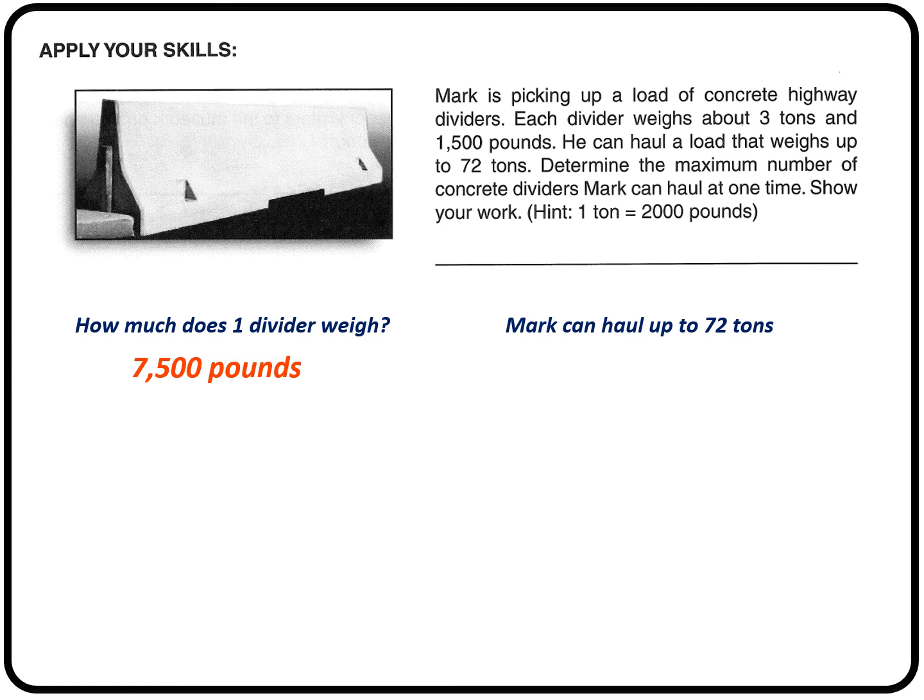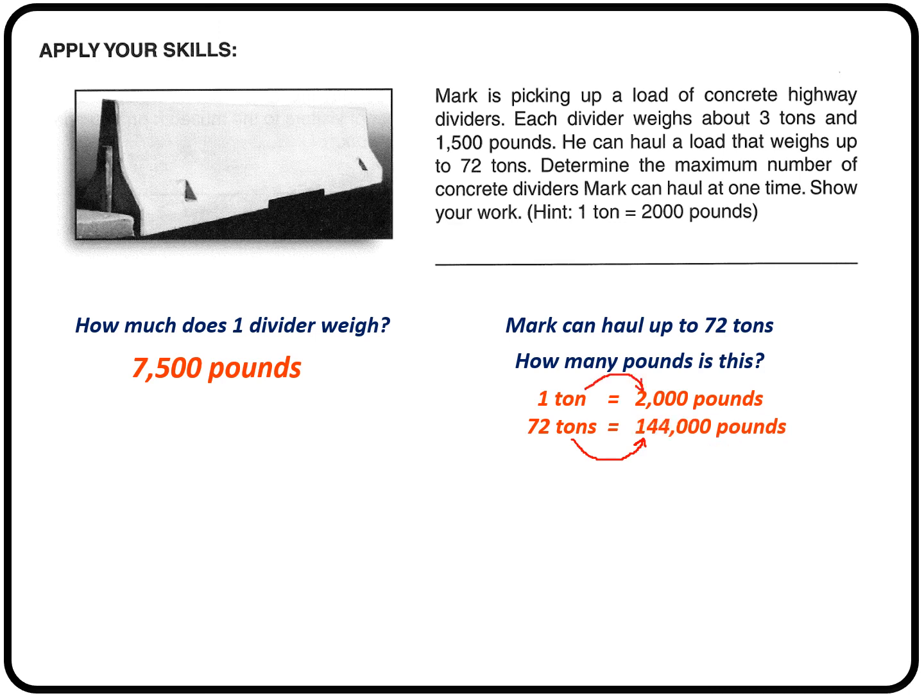Let's change that to pounds. We know that 1 ton equals 2,000 pounds. So for every 1 ton, we have 2,000 pounds. So we multiply 72 times 2,000, and we get 144,000 pounds. And that is what Mark can haul.